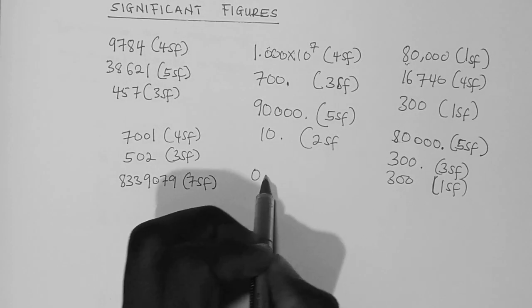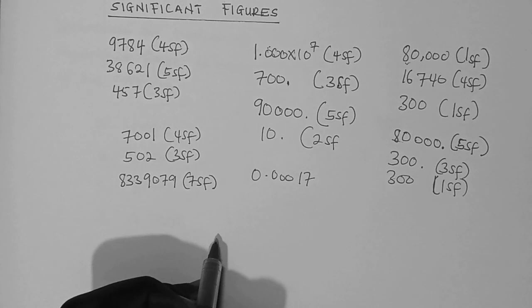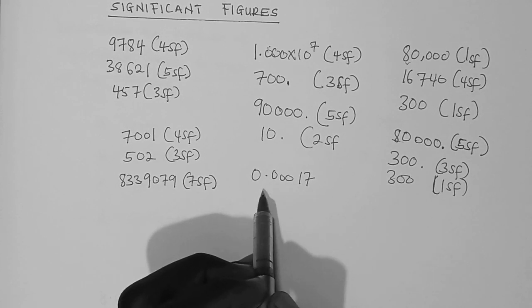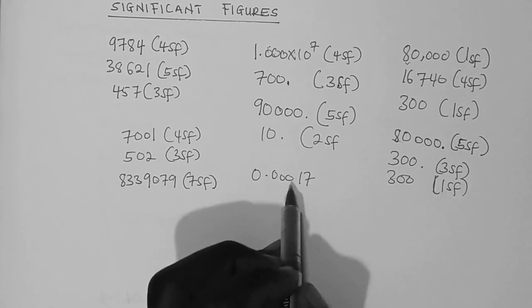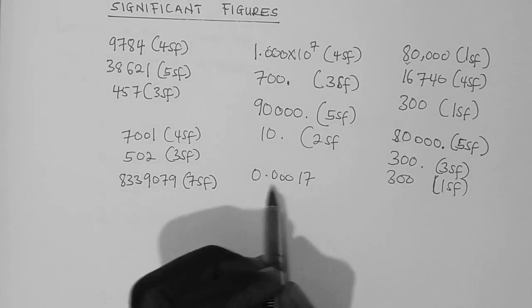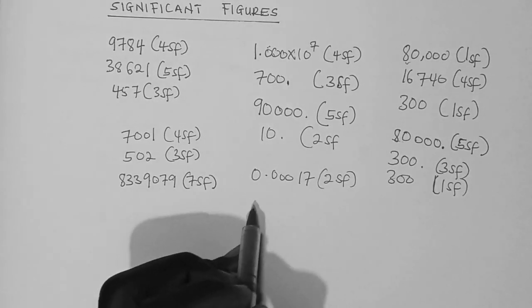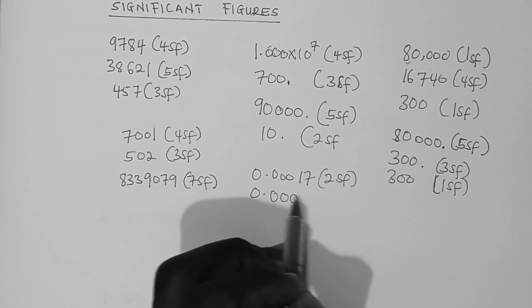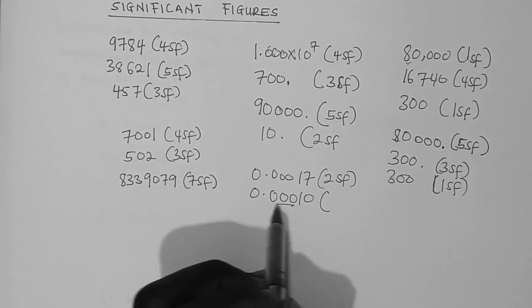What about if we are having 0.0017? How many significant figures are here? So when you see leading zeros, then leading zeros are insignificant, whether there is a decimal point or not. So in this case, the non-zero numbers are 1, 2. So this is two significant figures. Then what about 0.00010? So you see that these leading zeros are 3.